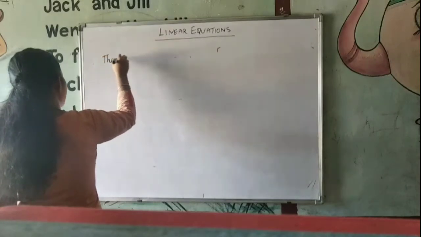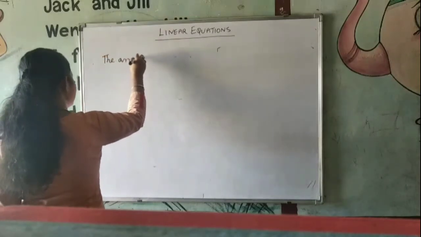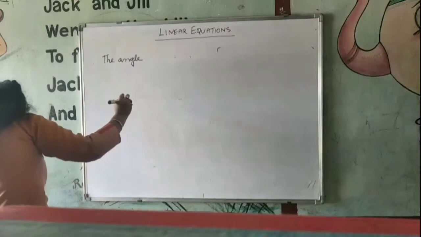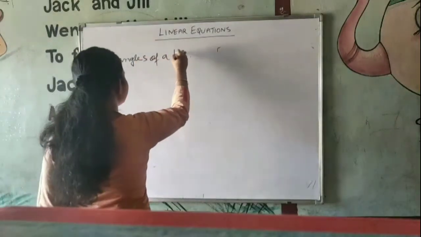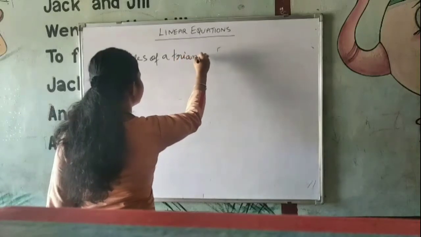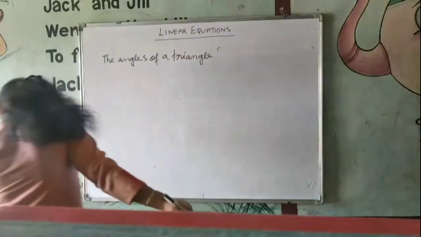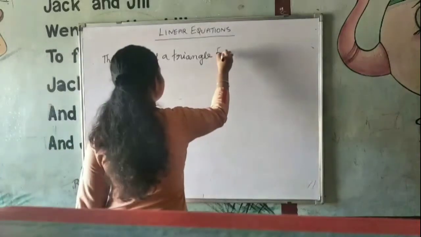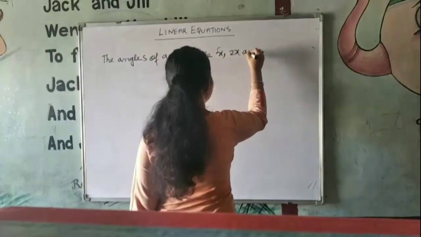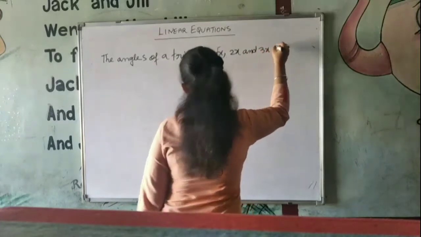The angles of a triangle are x, twice x and thrice x.